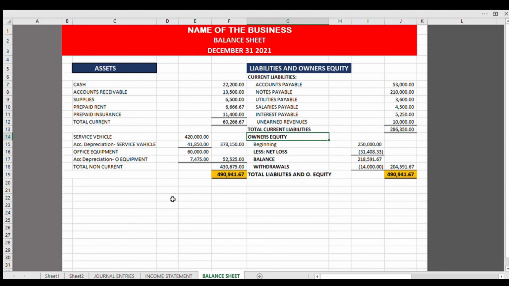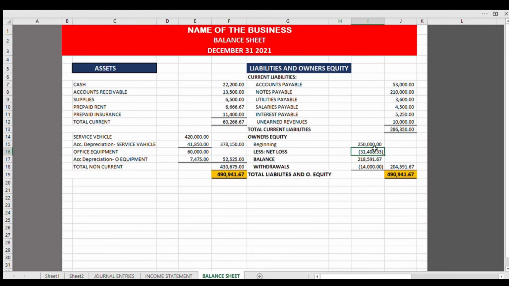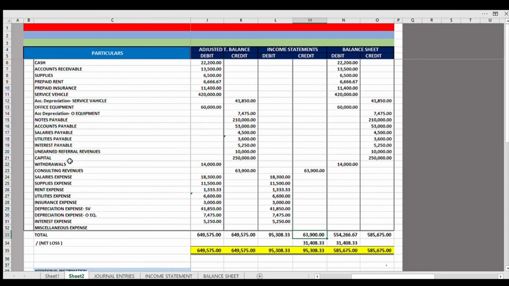Even though each section is very important, we will focus on the owner's equity for us to know how the operation went during the period. The beginning is 250,000. The net loss, as reflected in the income statement, is 31,408.33. So we deduct it, and we also deduct the withdrawals of the owner as reflected in the worksheet, which shows withdrawals of 14,000.